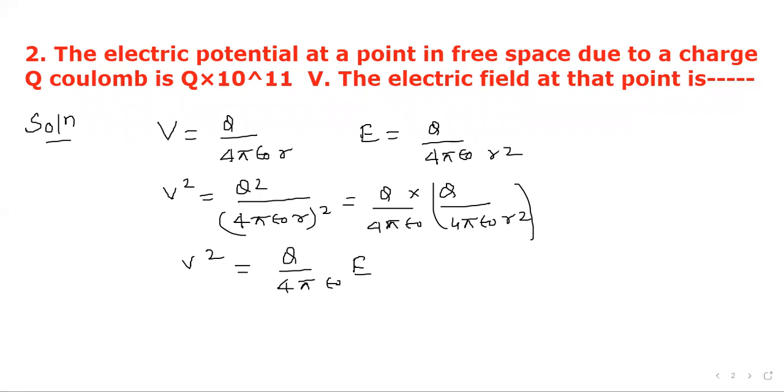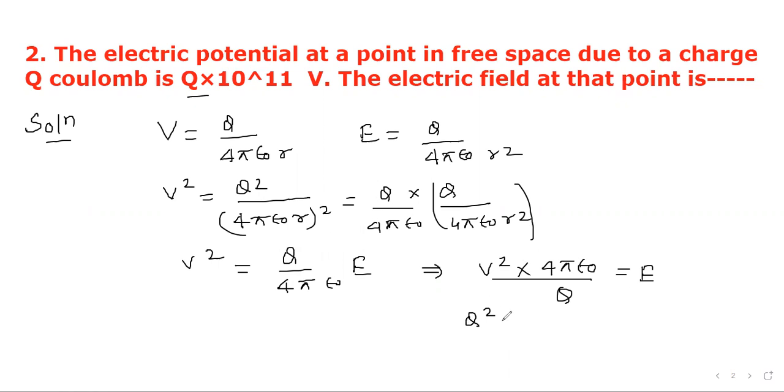Our purpose is to get E. So E will be equal to V square times 4 pi epsilon naught divided by Q. So V square, in our question it is given Q into 10 power 11.